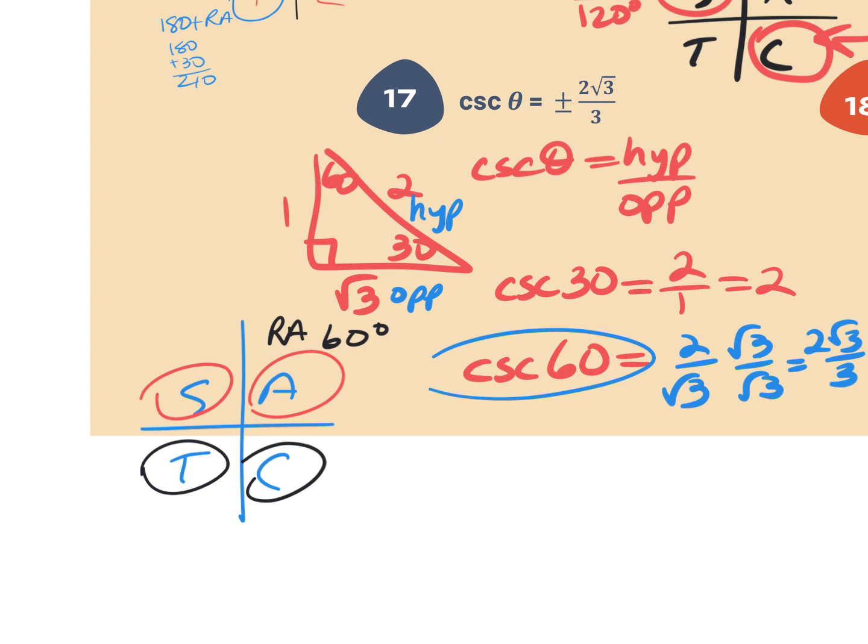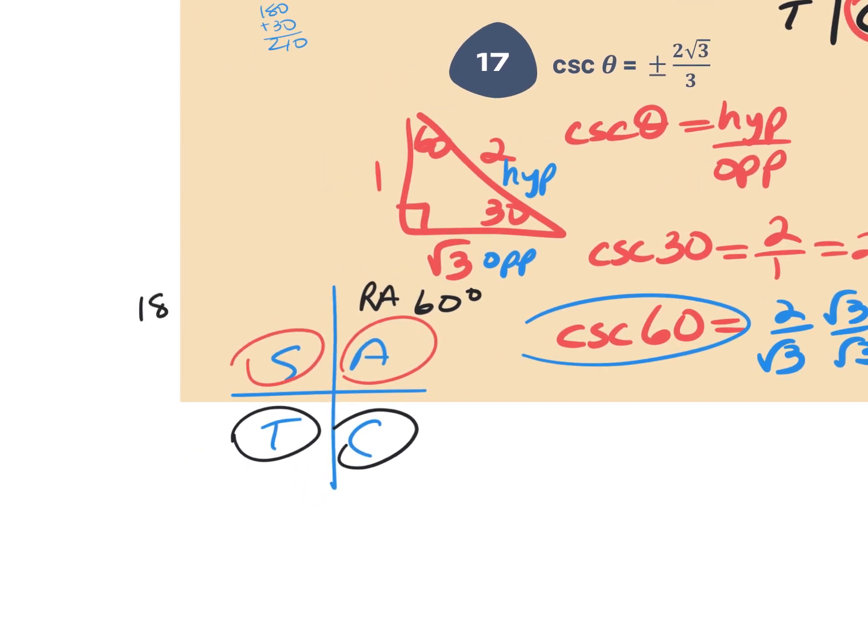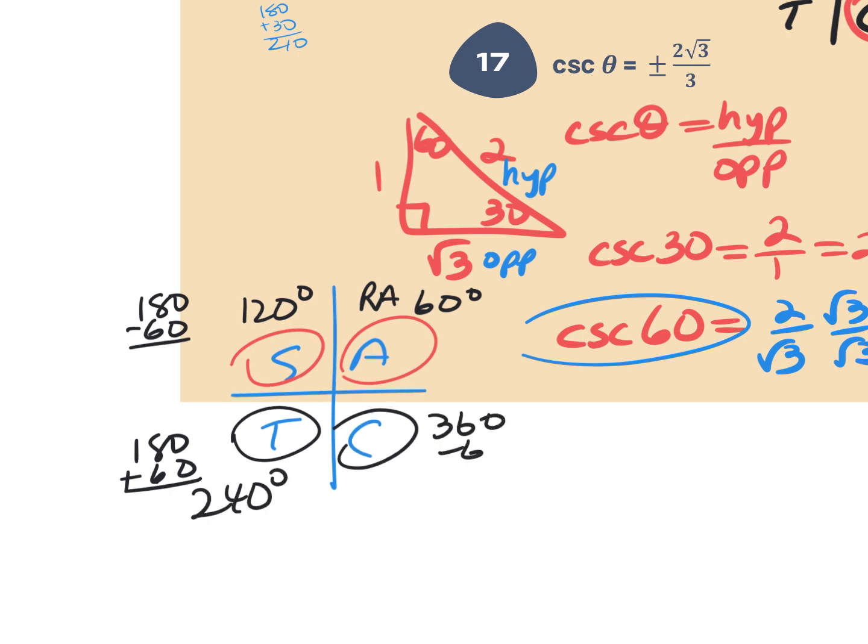And then in quadrant 2, it's going to be 180 minus 60, so it's 120 here. And then here it's 180 plus 60, so this is going to be 240. And then 360 minus 60, it'll be 300 in this quadrant. So it's all 4 angle measures.